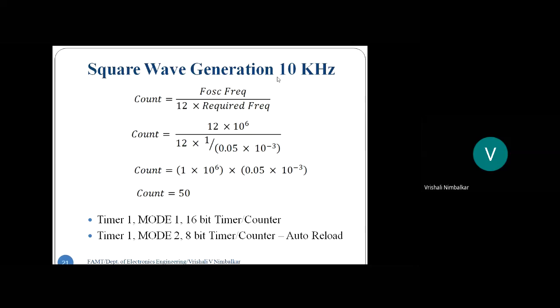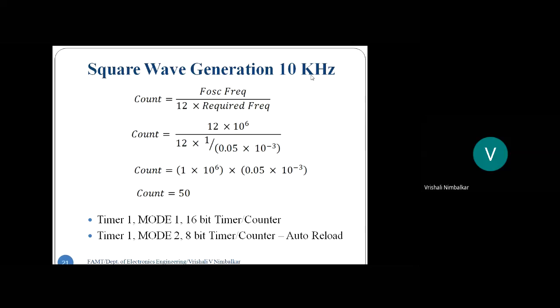Correct? So to obtain 10 kilohertz square wave, the total time was 0.1 millisecond. We assumed it as 50% duty cycle square wave, and hence the on time and the off time is half of 0.1 millisecond. So that came as 0.05 milliseconds.